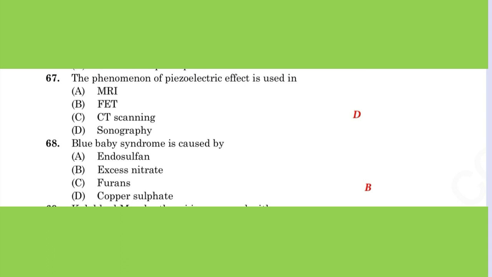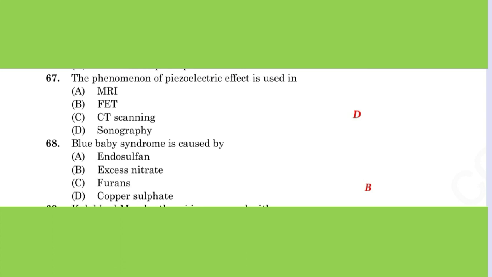The nitrates can stop the red blood cells from doing their job of carrying oxygen. When RBCs in a baby do not carry oxygen, it can make the baby's skin blue. Methemoglobinemia is the disease caused by excess nitrate. It is also known as blue baby syndrome.